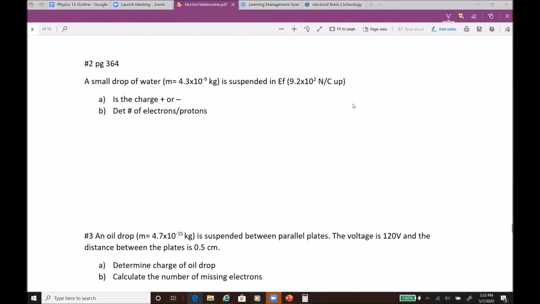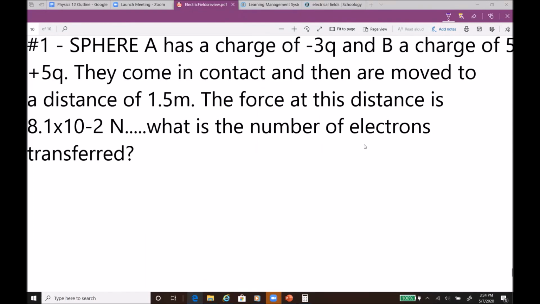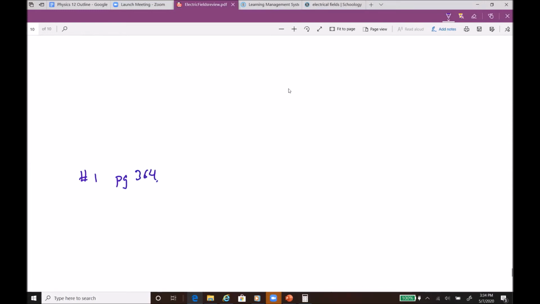Can we do number 1 on page 364? If one has a charge of minus 3Q and the other has a charge of 5Q, and they come in contact, they are going to reach some sort of equilibrium.